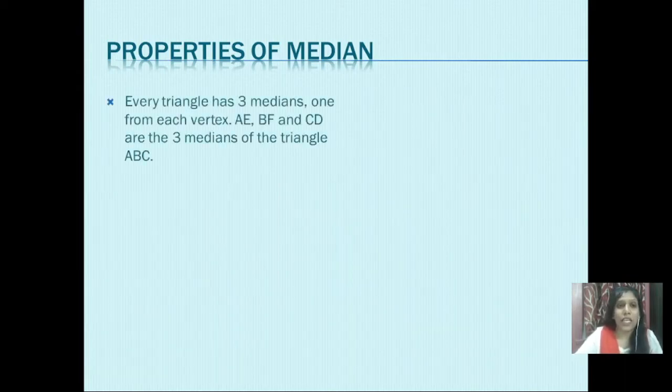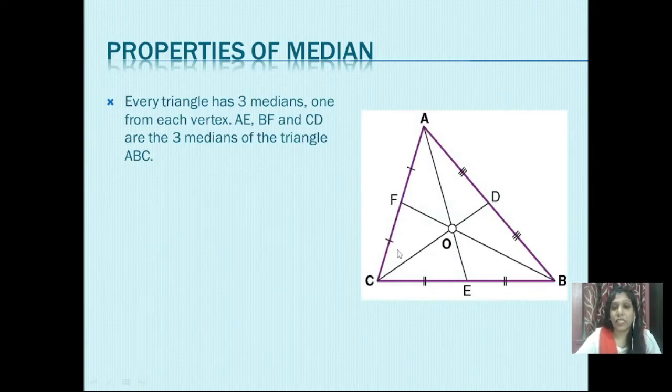Now we'll see first the properties of the median. Every triangle has three medians, one from each vertex. If you see this, AE, BF, CD are the three medians of the triangle.